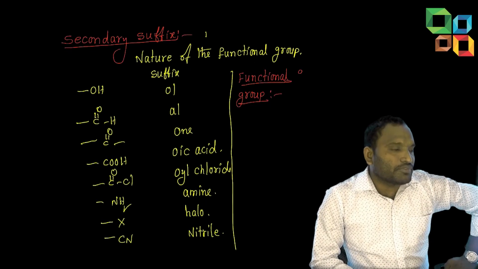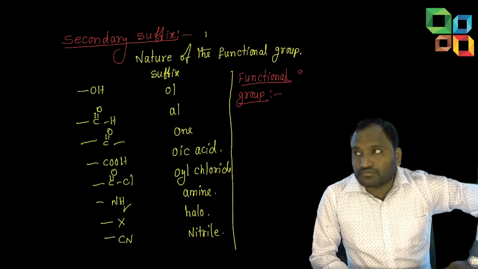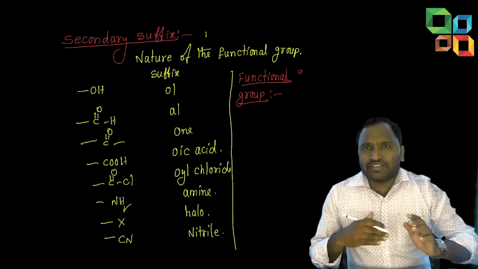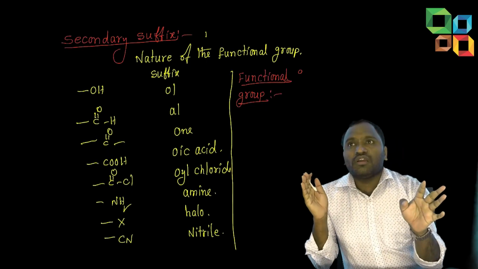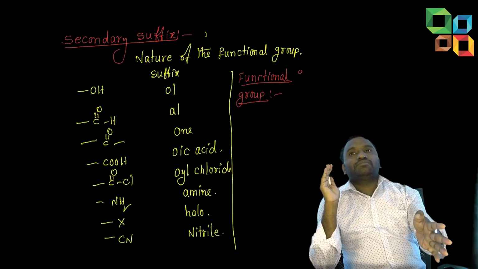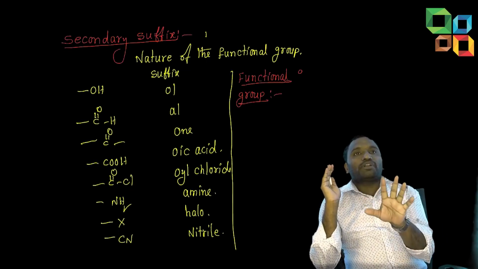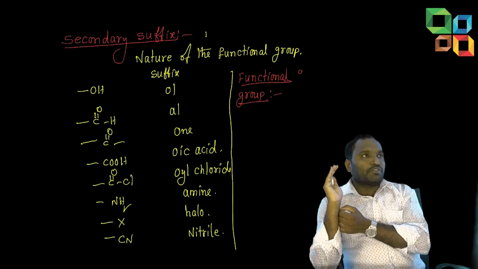So it is OH or CHO or some other group joined to the hydrocarbon group, no students. That will decide the chemical property of the compound.